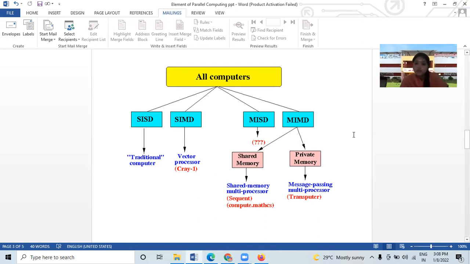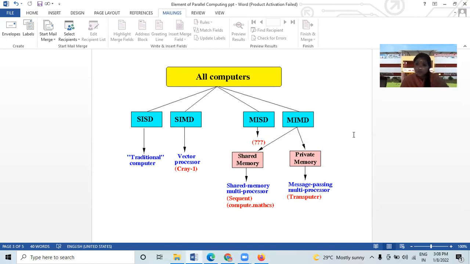So MIMD is multiple instruction and multiple data. It is a technique employed to achieve parallelism. Machines using MIMD have a number of processors that function asynchronously and independently. At any time, different processors may be executing different instructions on different pieces of data.